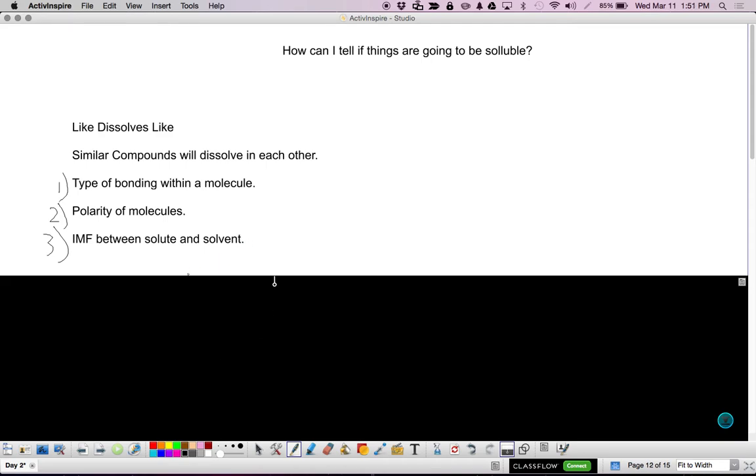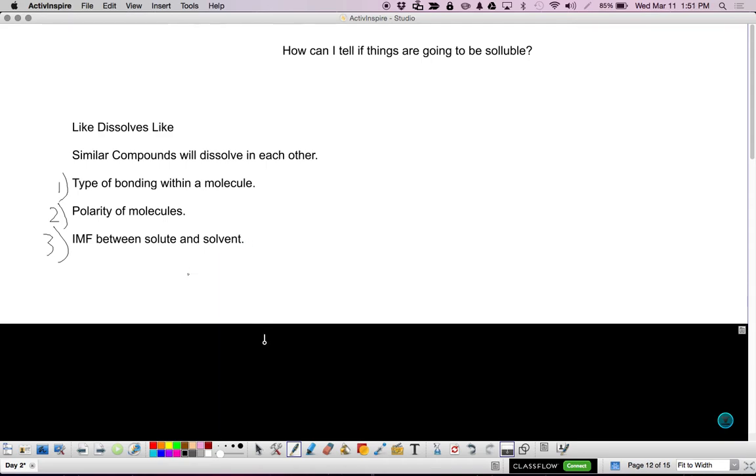Okay? So, what are some examples of this? Well, I'm going to use some terms here: miscible and immiscible. And these terms are used to describe liquids. If you have 2 liquids, miscible means that they're able to dissolve in each other.